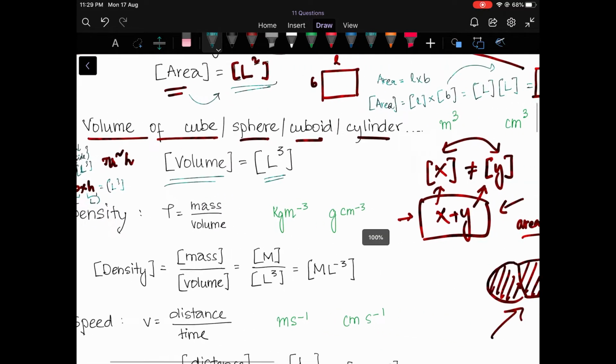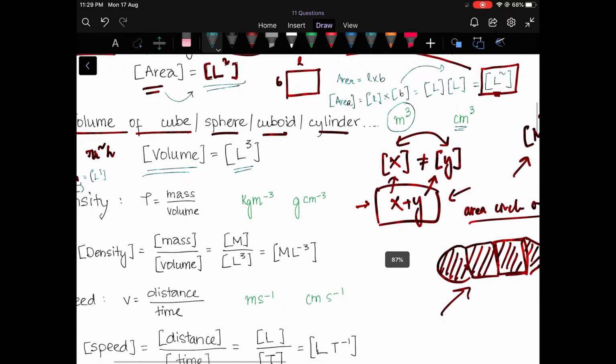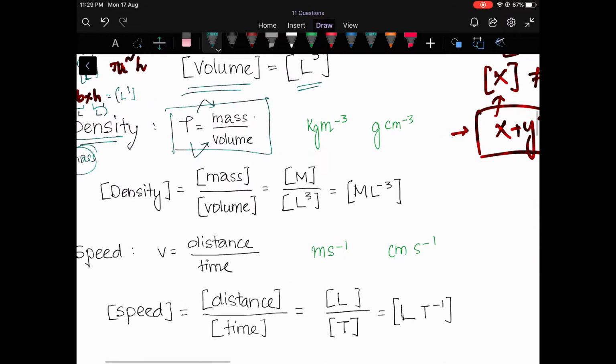And of course, you know the SI unit is going to be meter cube, or the CGS unit will be centimeter cube. Then we have your density, which sometimes we even write as mass density, defined as the ratio of mass to the volume, such that mass is measured in kilograms in SI system and volume is measured in meter cube. So we have kg per meter cube as the SI unit.